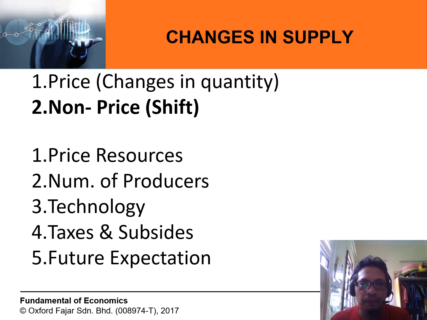From the firm's perspective, tax and regulation are an additional cost of producing that shifts supply to the left, leading the firm to produce a lower quantity at a given price. A government subsidy, however, reduces the cost of production and increases the quantity at the given price, shifting the supply curve to the right. Lastly, the future expectation.